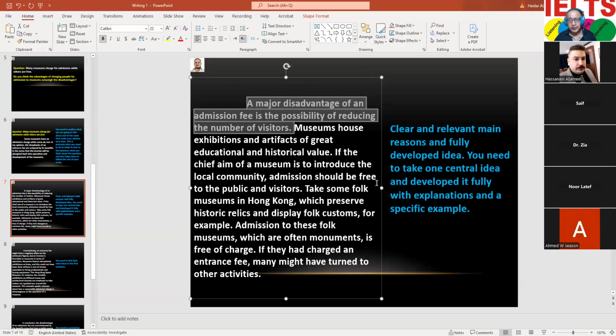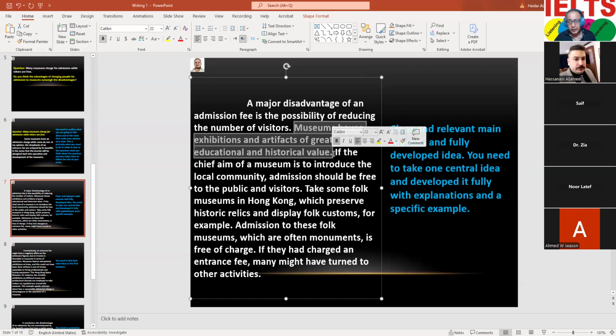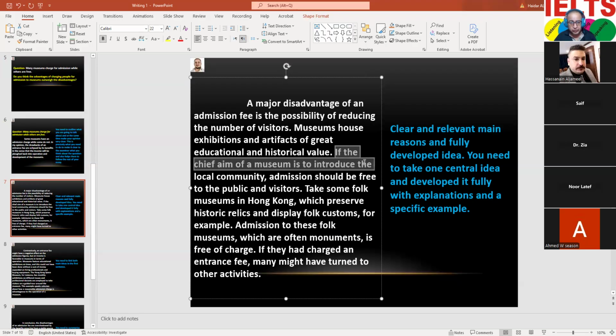Okay, everyone, let's explain it. Museums house exhibitions and artifacts of a great educational and historical value. This is sentence number 1. Sentence number 2: if the chief aim of a museum is to introduce the local community, admission should be free to the public and visitors.